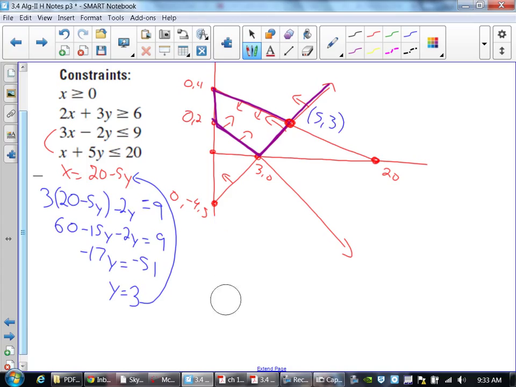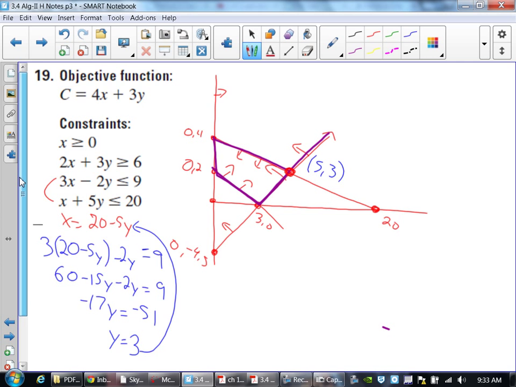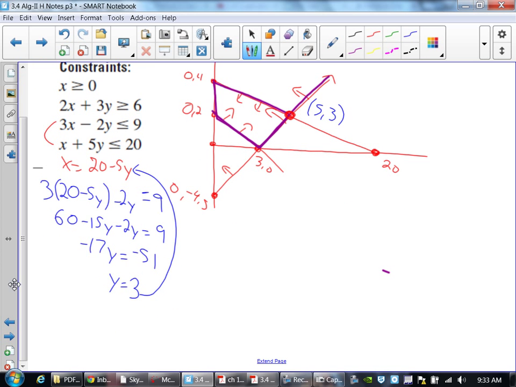Now I have my values to check in my objective function. My objective function was 4x plus 3y. And I just go through the ordered pairs. What was it, 0, 2, 3, 0, 5 and 3, and 0, 4.